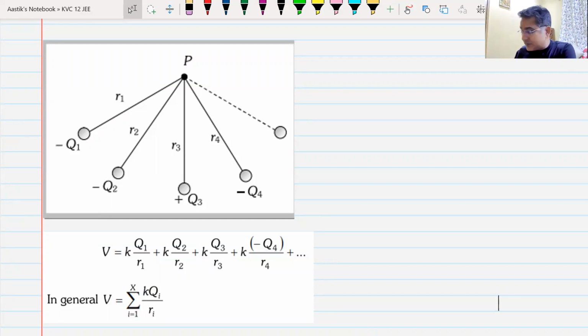So what is this? This is the superposition principle. If I have a lot of charges creating a potential at point P, the net potential is the sum of each. You understand this now? Principle of superposition. Okay, note it down quickly. We don't have the entire class to do this.